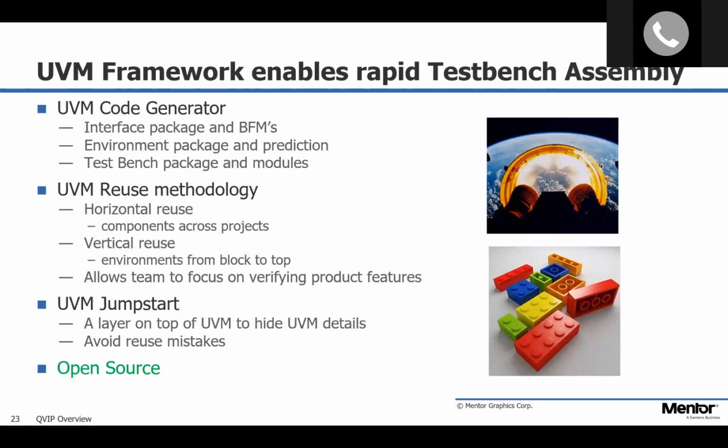You create a template that says what agents are in my environment and a template for a test, and then it will generate all of the code and all of the compile scripts you need to get that test bench up and running. So we've found that we can get a test bench up in a matter of hours versus a matter of days.